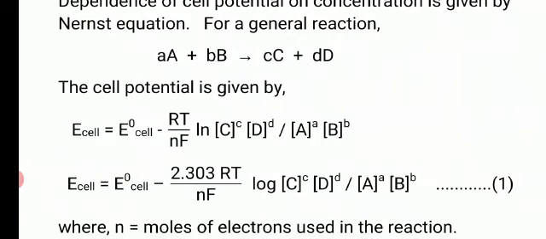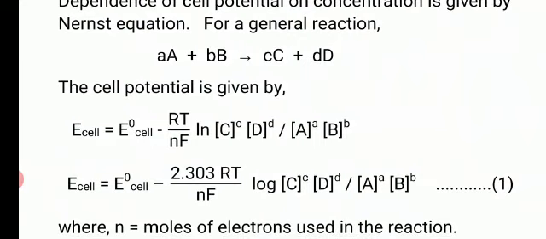Cell potential of this particular reaction is given as E cell is equal to E naught cell minus RT divided by nF ln, that is natural log of concentration of C raised to c into concentration of D raised to d, divided by concentration of A raised to a into concentration of B raised to b. Now C raised to c, D raised to d is the product, and A raised to a into B raised to b is the reactant, that is product upon reactant.